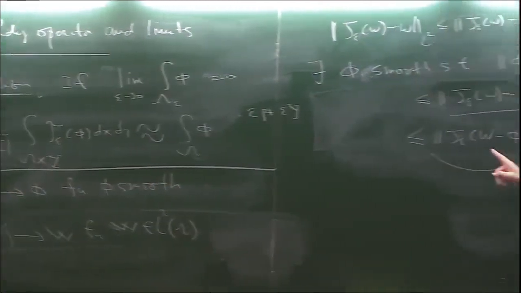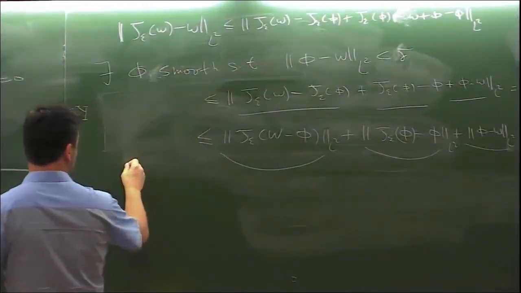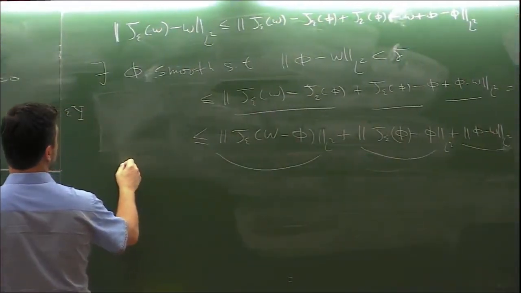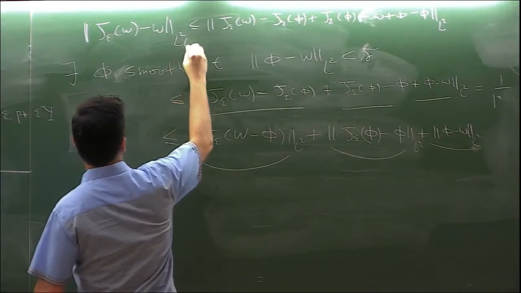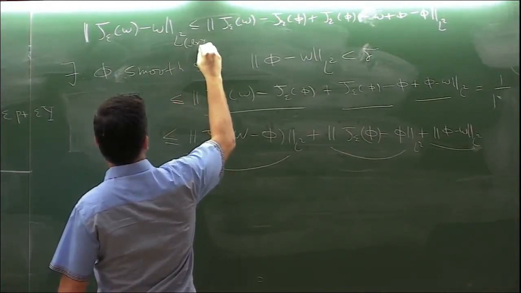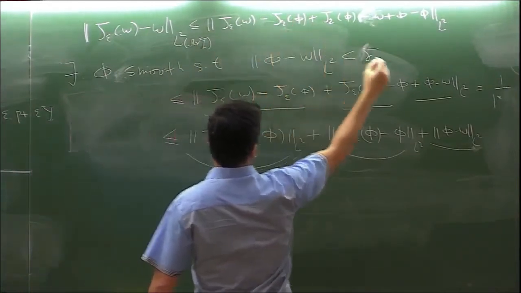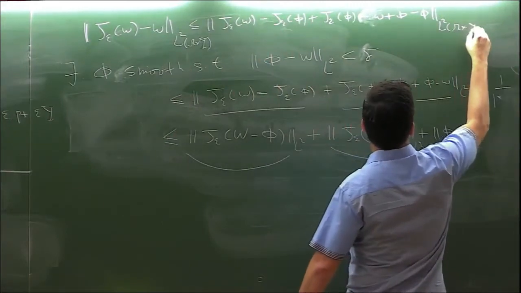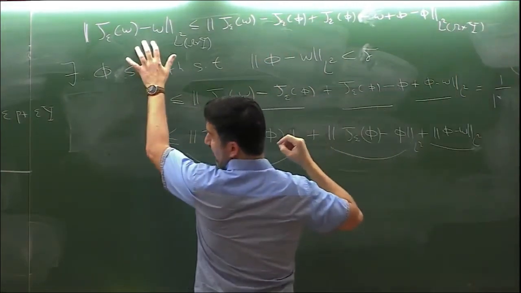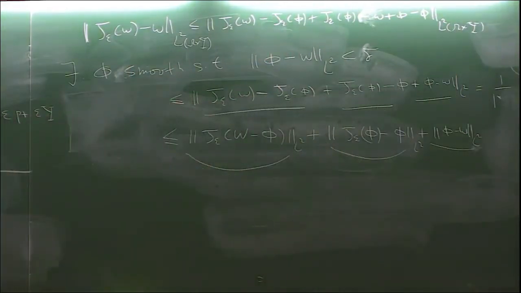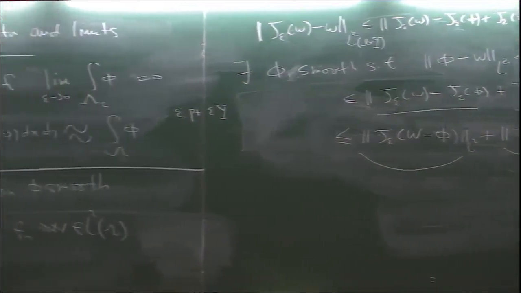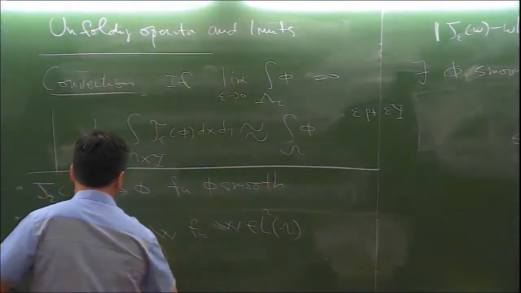So here I have the property that this is, of course, in the product space always, because that's what I'm talking about for convergence here. So this is strong in L2 of the product space.